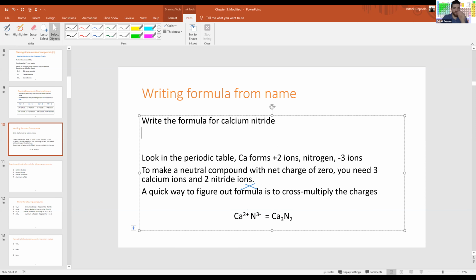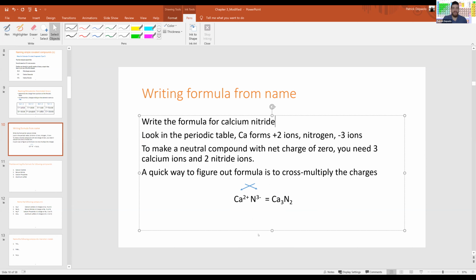Okay, so for calcium nitride, calcium is Ca2+, like right here. Nitride, which is the root nitrogen, is -3. To write the formula for calcium nitride, the first thing you do is write down the ions. So you write down Ca2+, and then N3-.